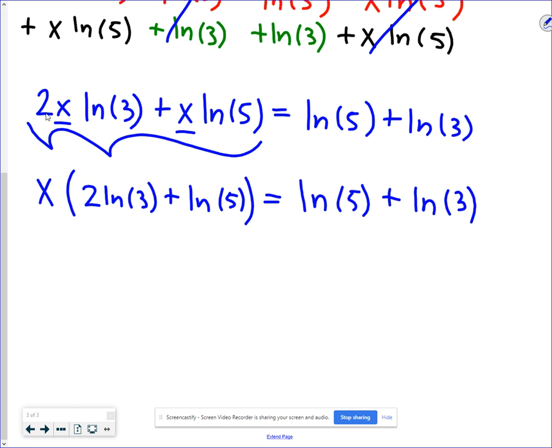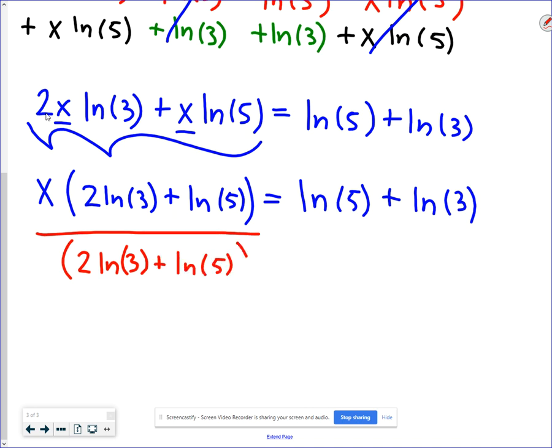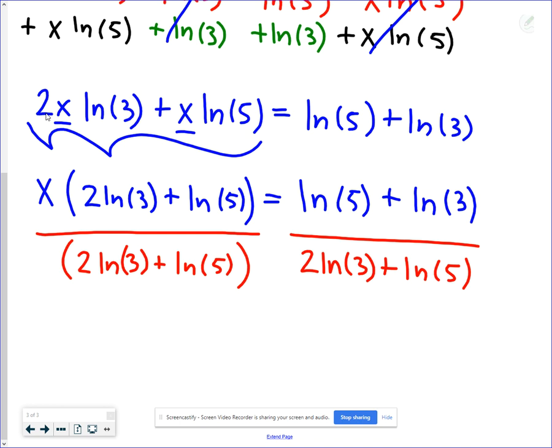So now, I want to get x by itself. So let's divide both sides by this big long expression here. These cancel out, and we have x by itself.